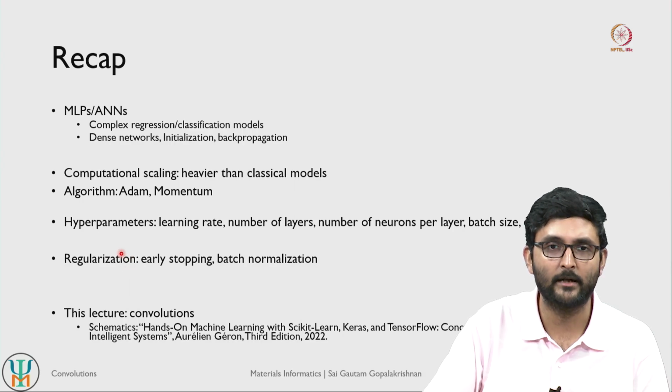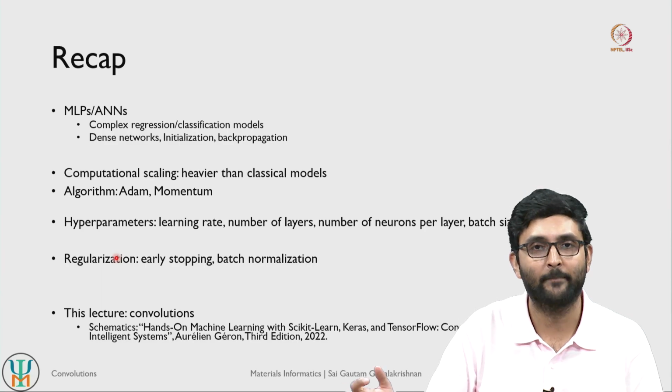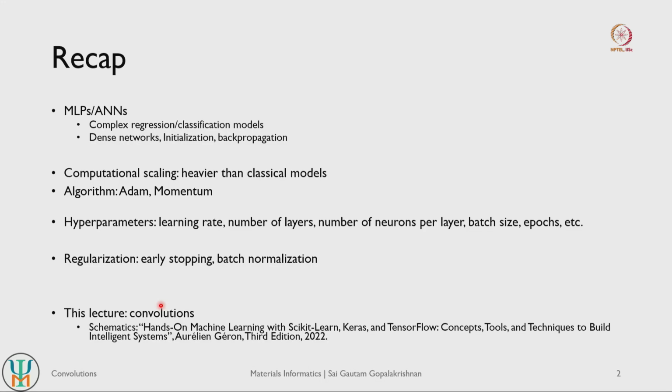We also looked at examples of how to build neural networks in practice using both PyTorch as well as Keras. In this lecture we will look at convolutions, and as before the schematics that I am going to be using, unless otherwise mentioned, are from this book by Aurélien Geron.